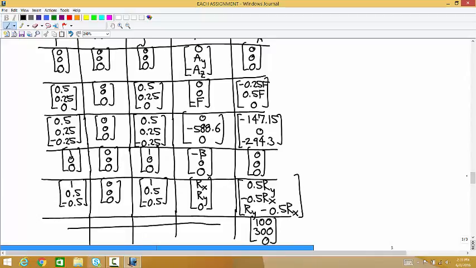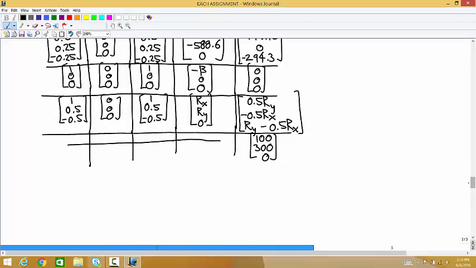Okay. So now we just have to set up the equations.